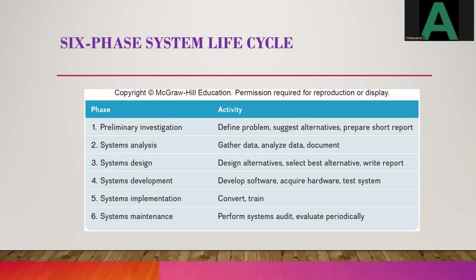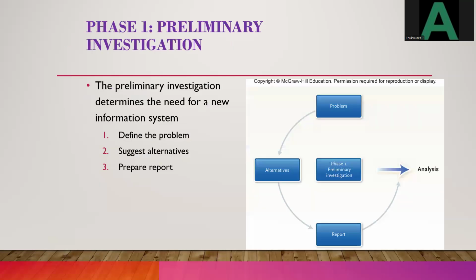You document whatever you have found through your analysis. Then system design, which involves designing alternatives, selecting the best alternative, writing a report, and so on. Then development, which is to develop the software, acquire hardware, and test the system. Then implementation, convert and train, and then system maintenance, perform system audit, and evaluate periodically.